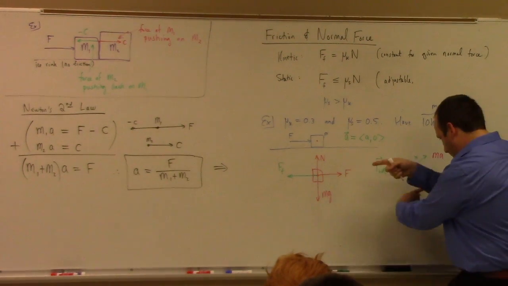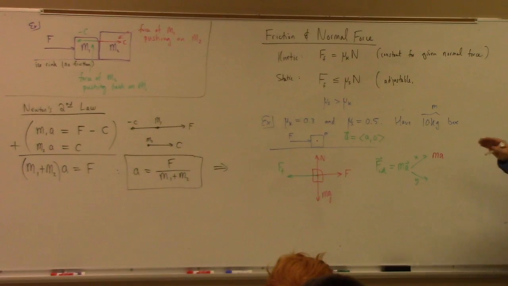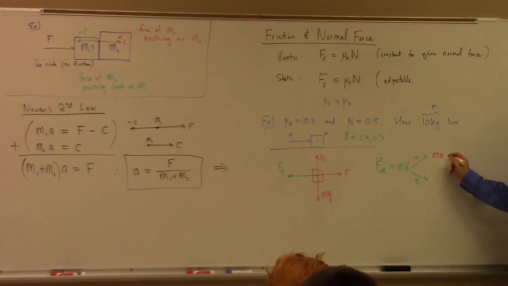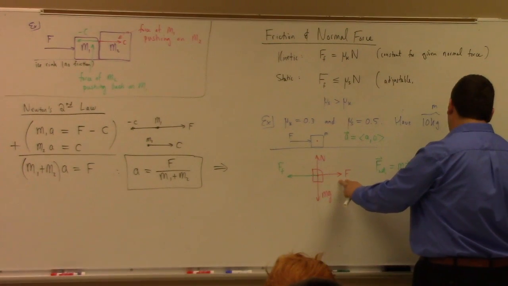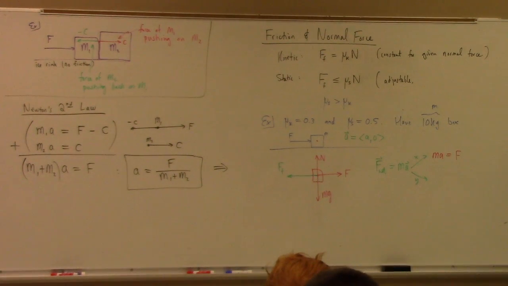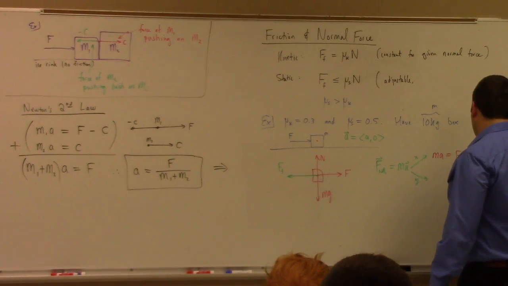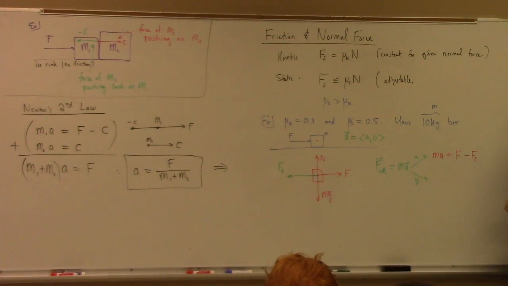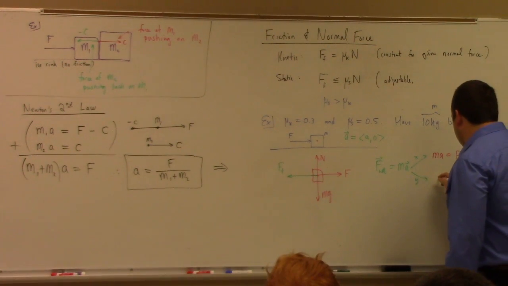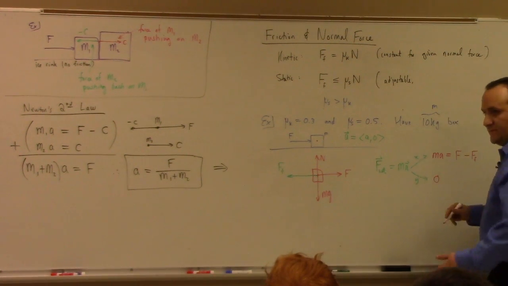So ma equals what? What are the forces in the x direction? The pushing force, F, right? Minus the force of friction, right? And then how about the other thing? What's the acceleration in the y direction? 0. M times 0 is still 0.